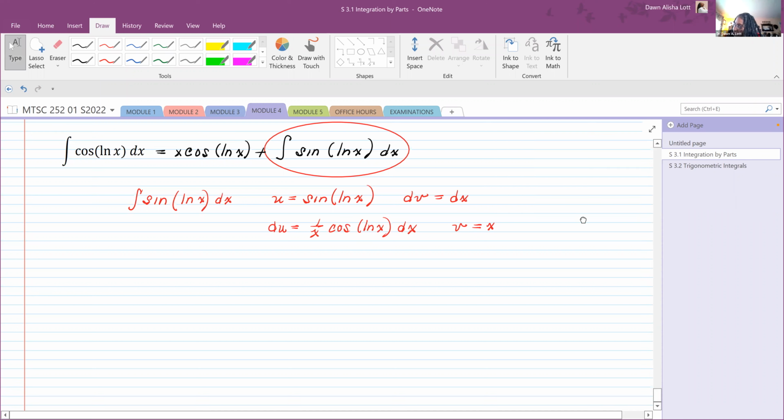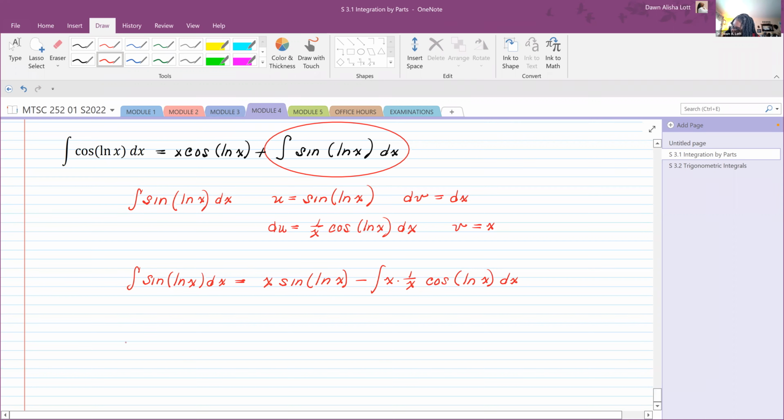Okay, so now the integral of the sine of the natural log of x dx is going to equal uv, which is x times the sine of the natural log of x, minus the integral of v, which is x, and du is 1 over x times the cosine of the natural log of x dx.